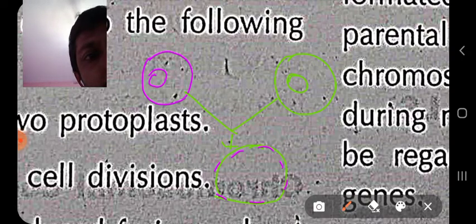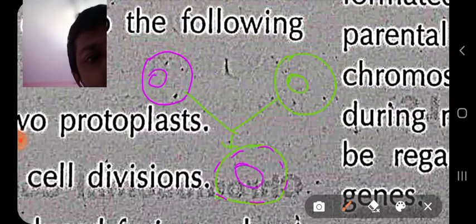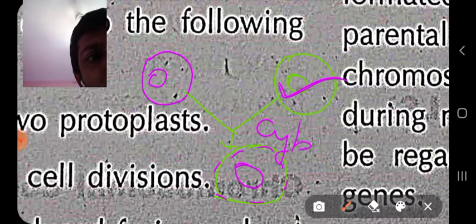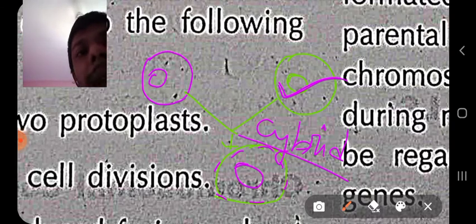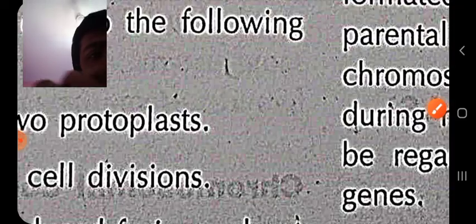The cytoplasm is the fusion of protoplast A and protoplast B, but one of the plant species retains the whole chromosome complement, while the nucleus from protoplast B, from species B, is nearly lost during successive mitotic division. So that's why it is called a cybrid. Cybrid actually means cytoplasmic hybrid, where the cytoplasm has fused but the nuclear content from both the species has not been properly fused as a result of incompatibility.